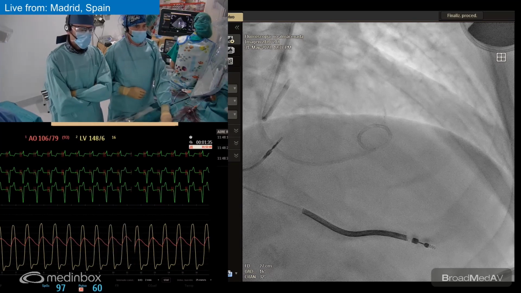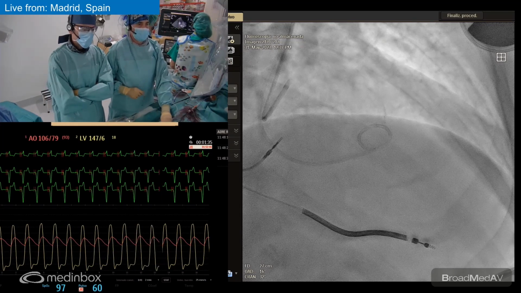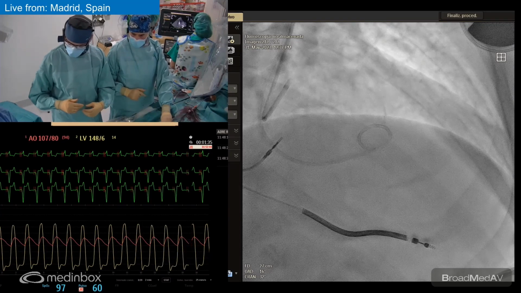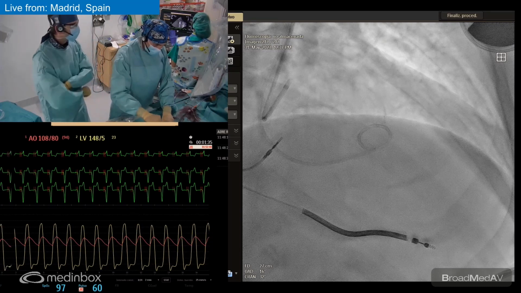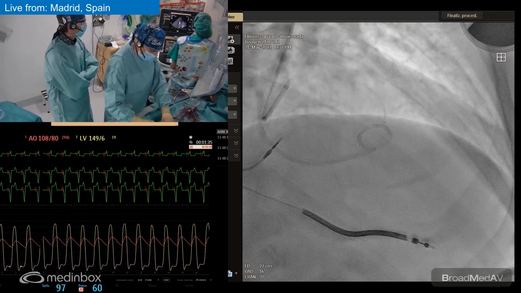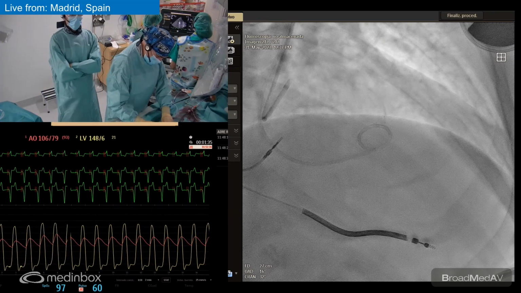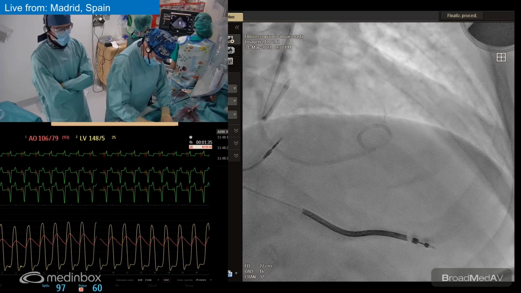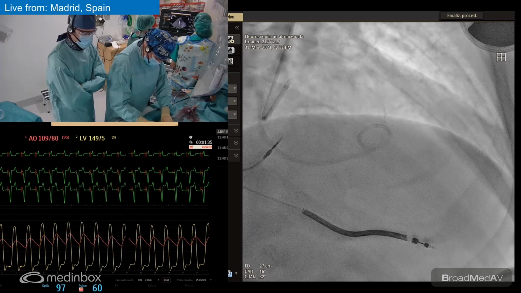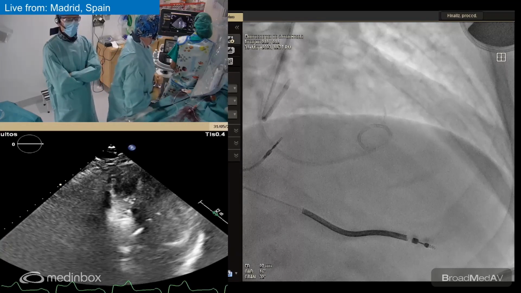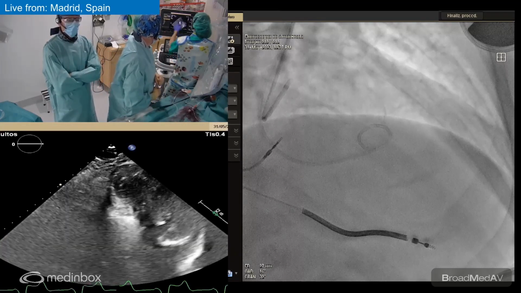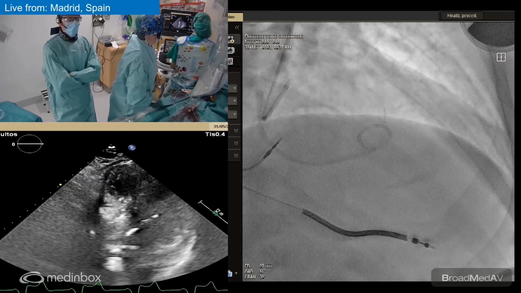Probably the white part you can see in the echo is the alcohol, because the gelafundin is washing. I'm going to inject gelafundin, okay, Silvia? We're injecting. The amount of gelafundin you need is similar to the alcohol, probably 1 cc or so. It seems it goes to the mid-ventricular septum.